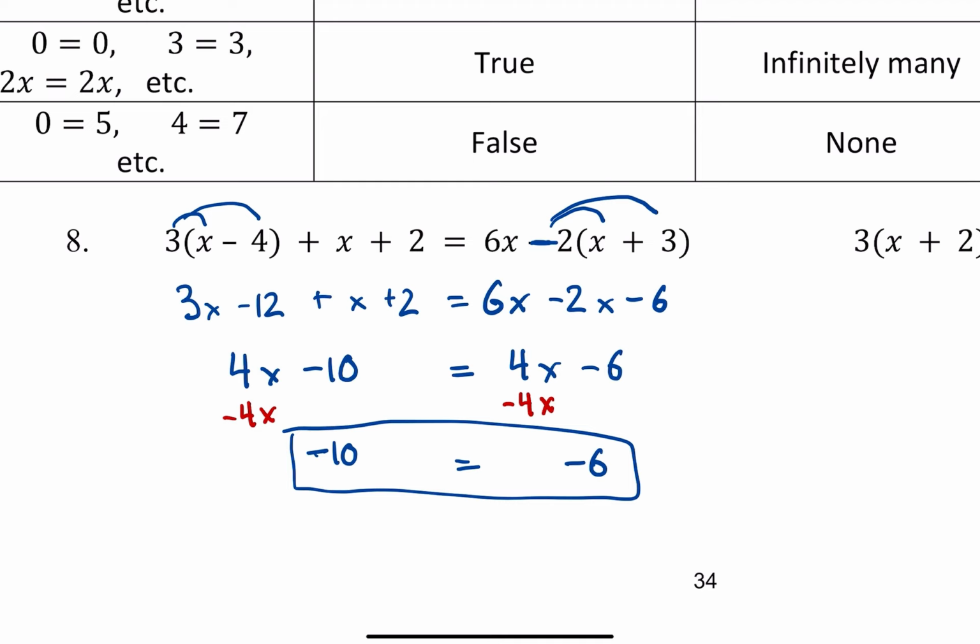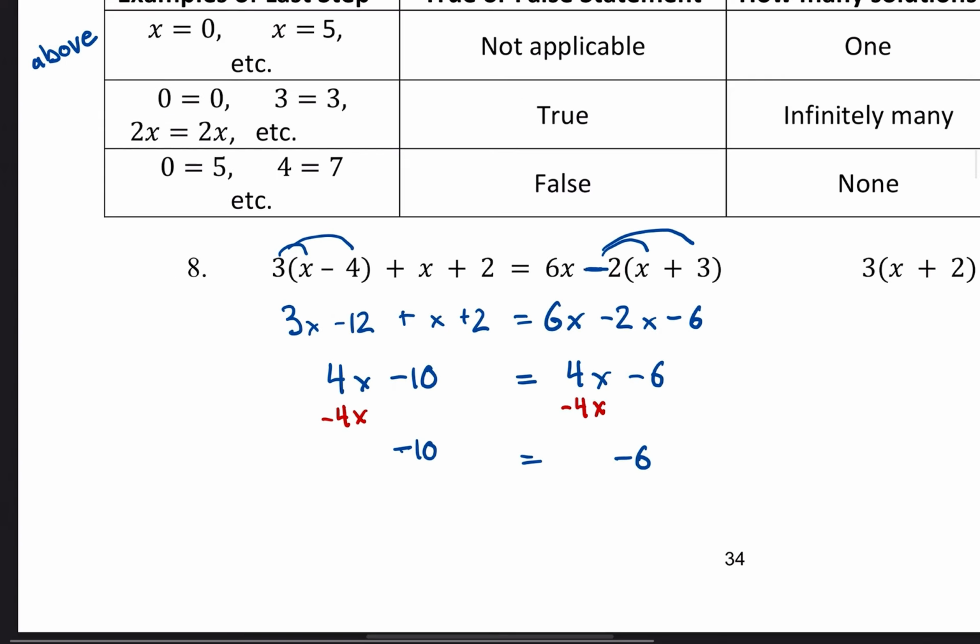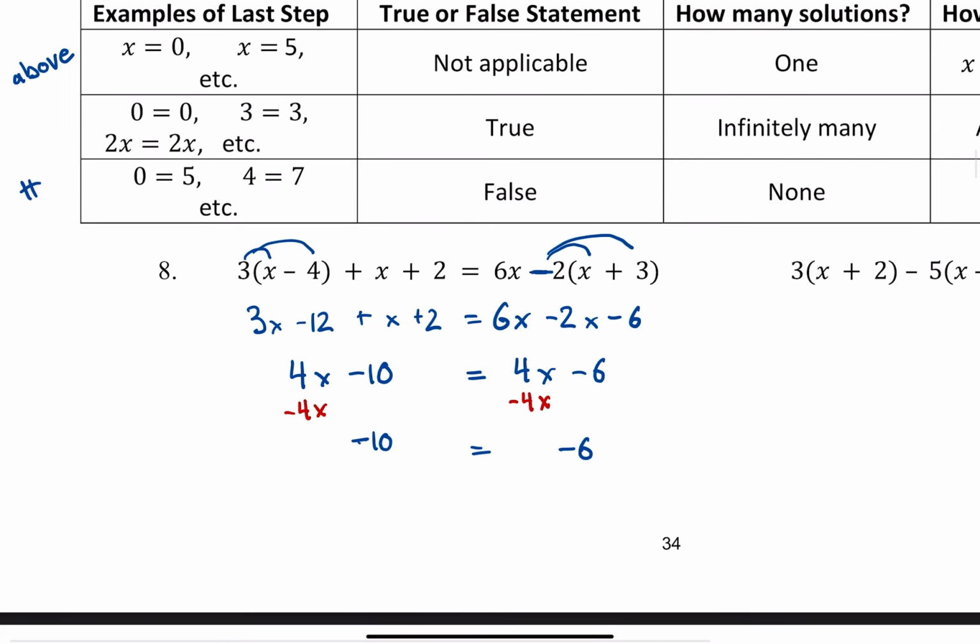Well, we don't have a variable we can continue to isolate. We've lost our variable. And what happens is, because it's a false statement, this is what we're encountering in number 8, that there's no solution here. So there is our answer. Okay.